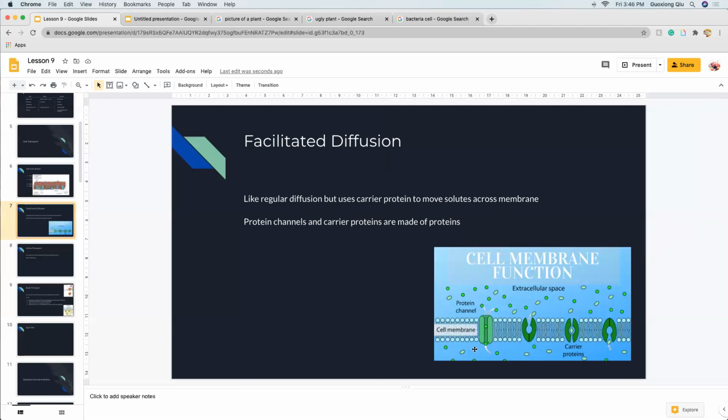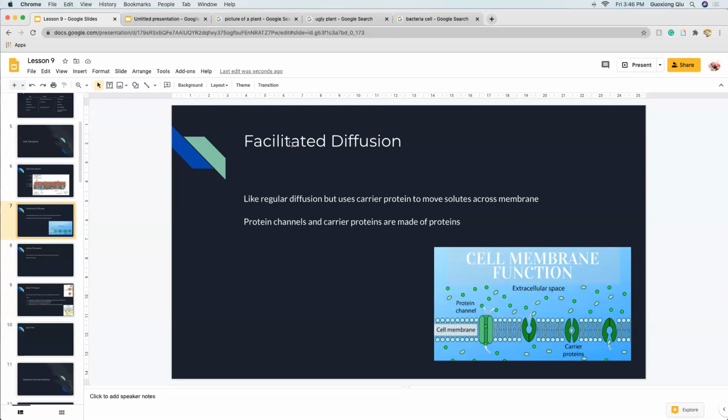Anyway, a solute is a solid. Wow. You know what, I give up on trying to define it. Basically, passive diffusion, when objects are moving through maybe a membrane, some kind of barrier, they don't need any help, they can just move through.